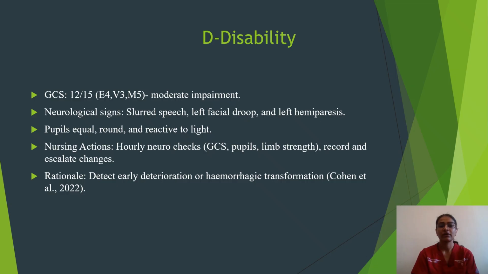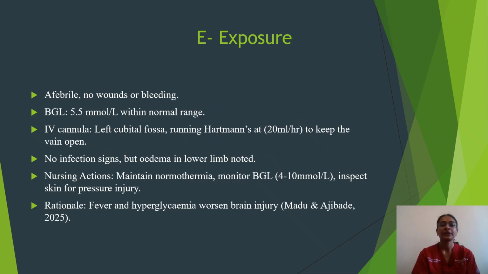Nursing actions required: hourly neuro checks like Glasgow Coma Scale, pupils and limb strength, record and escalate changes. Rationale: detect early deterioration or hemorrhagic transformation by checking hourly neurological observations, Cohen et al. 2022.